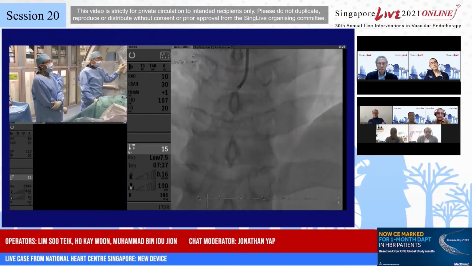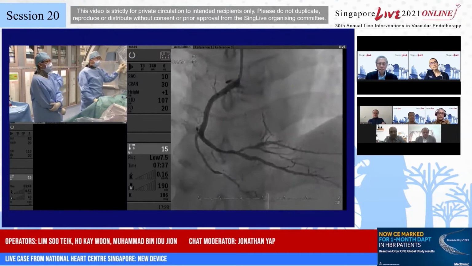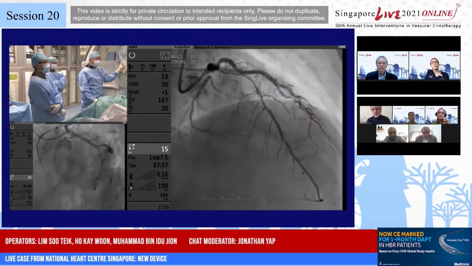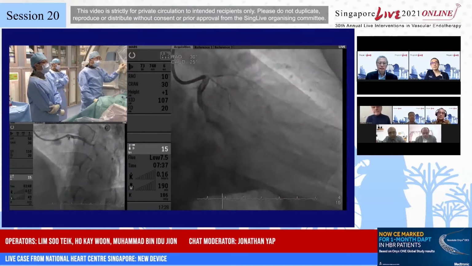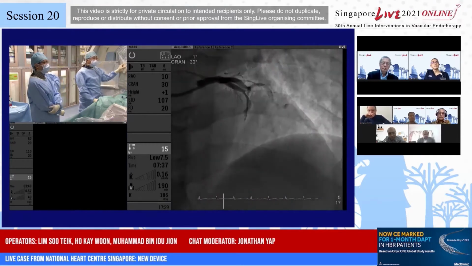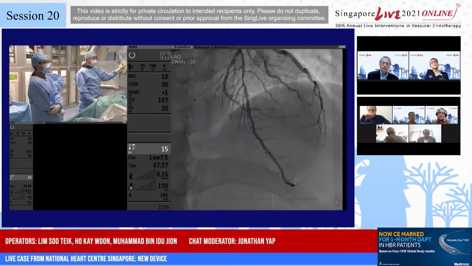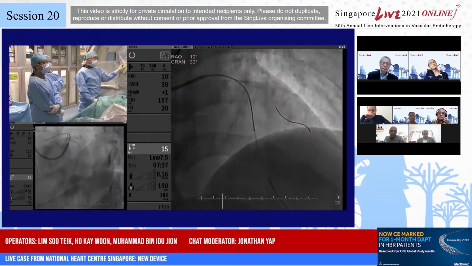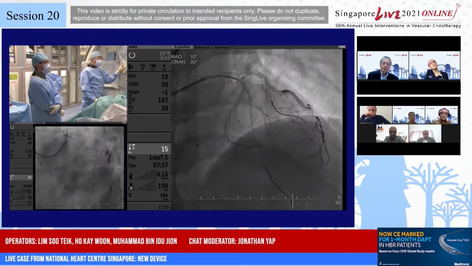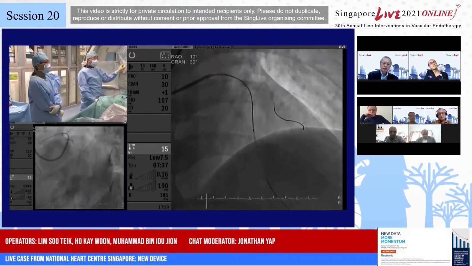We just checked the right coronary artery, and we have this angio. The angio looks quite similar to the previous angio in November. This is the AP cranial, and this is the pre-PCI OCT run.